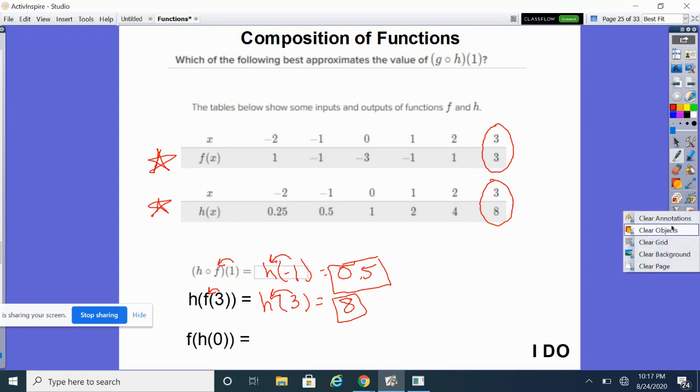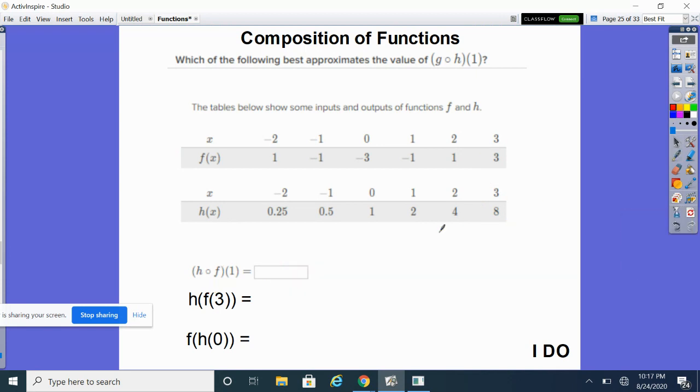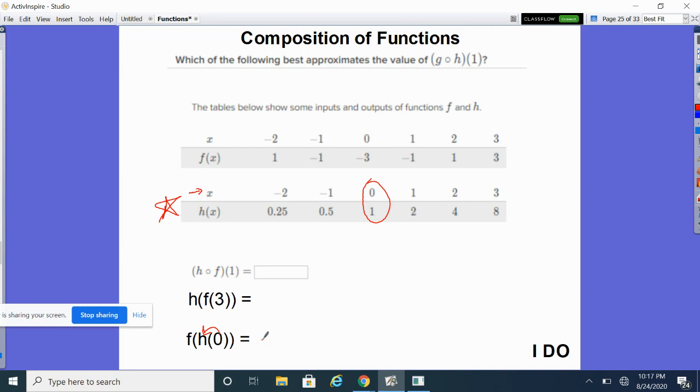All right, let's do another. Go find 0 on the h table. What's it paired up with? There's the h table. Remember, we're looking at the x value, we want it to be 0. What's it paired up with? 1.